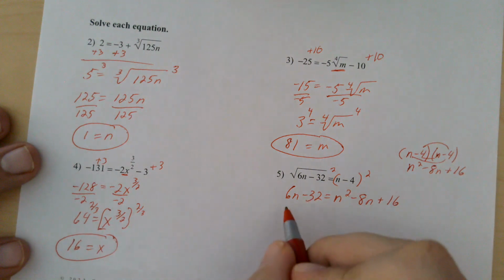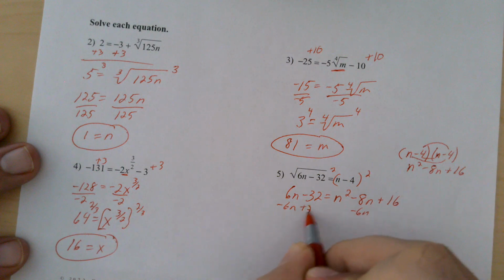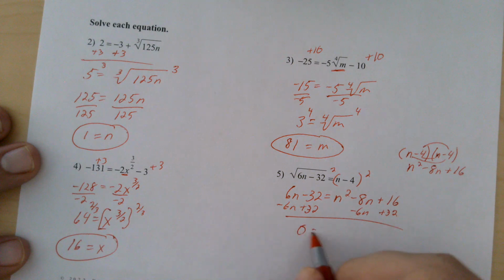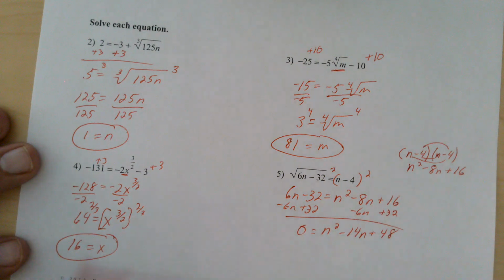So now we must bring everything over so that we get 0. So we do the opposites. I now have 0 on the left, and I'm going to factor n squared minus 14n plus 48. Okay?